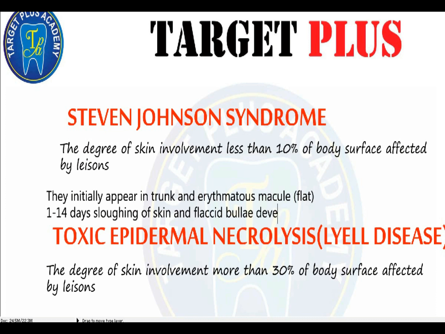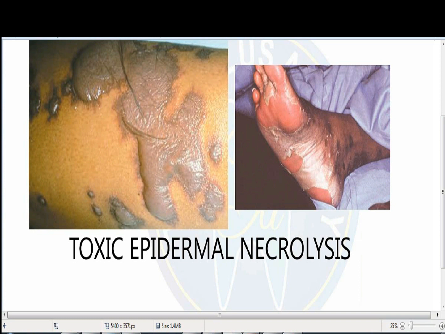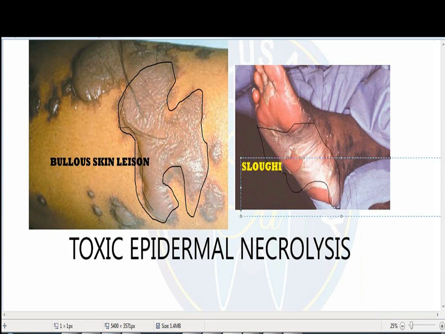You can see a case of toxic epidermal necrolysis showing diffuse bullous skin lesions. This picture is from Neville's. You can clearly see these Nikolsky lines, there is a diffuse bulla, and with the extensive involvement there will be sloughing of the skin.